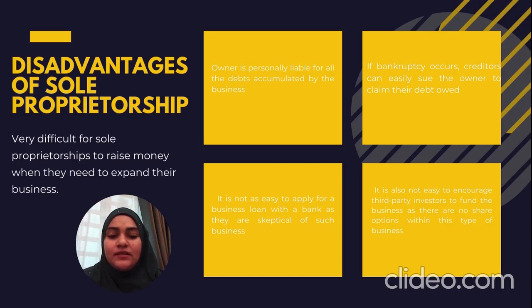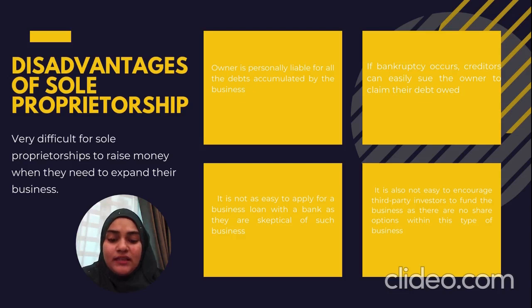And also other examples, such as, first, the owner is personally liable for all the debt accumulated by the business. If bankruptcy occurs, creditors can easily sue the owner to claim the debt owed.